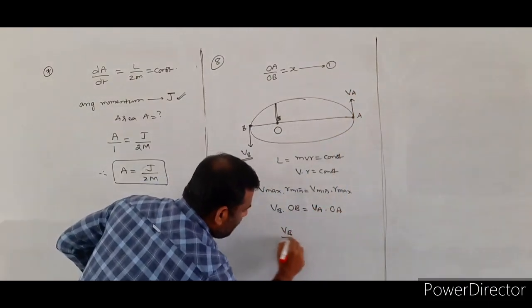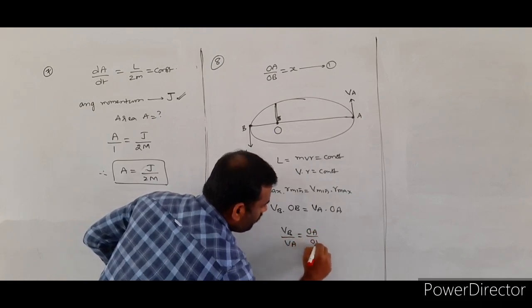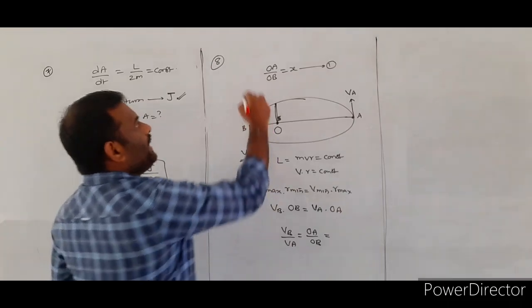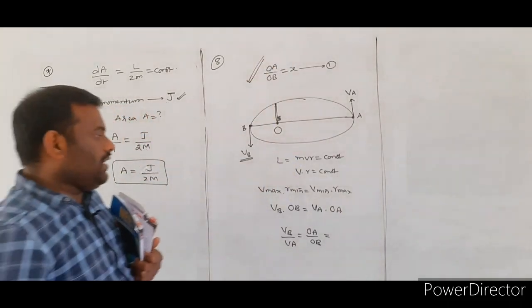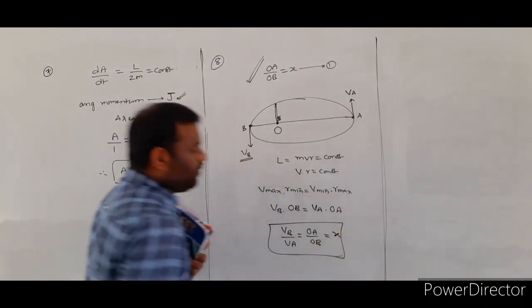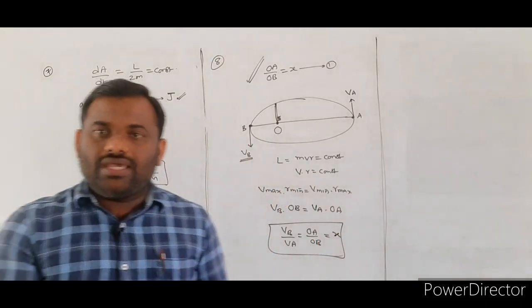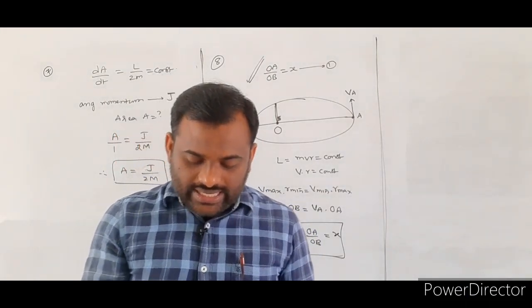Therefore, VB by VA is equal to OA by OB. But they have given OA by OB is equal to x. Therefore, VB by VA is equal to x. That is the required answer for problem number 8.